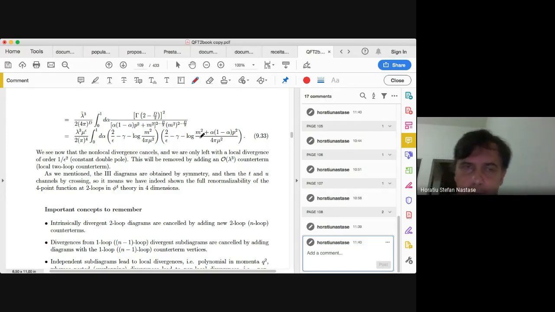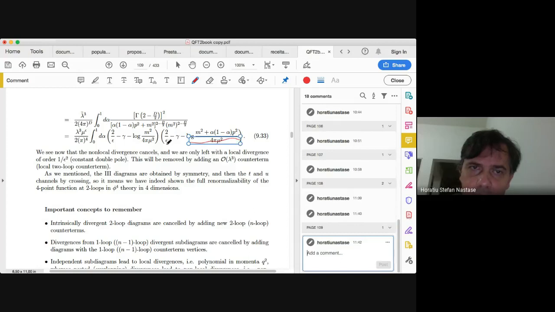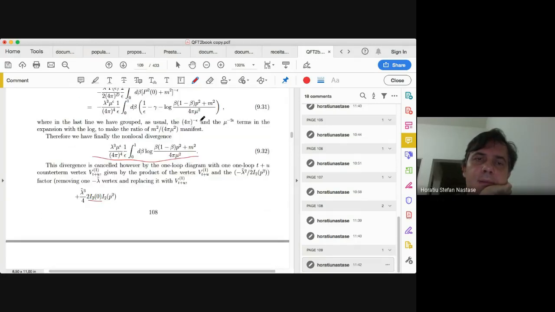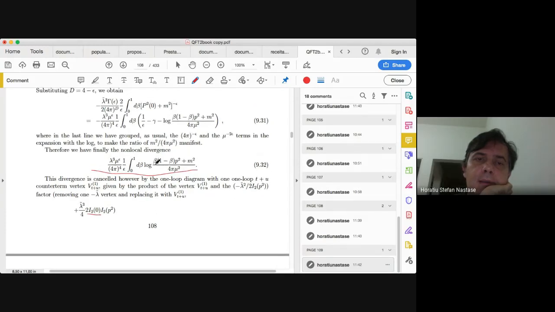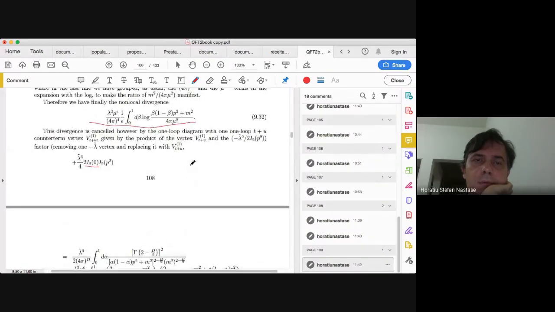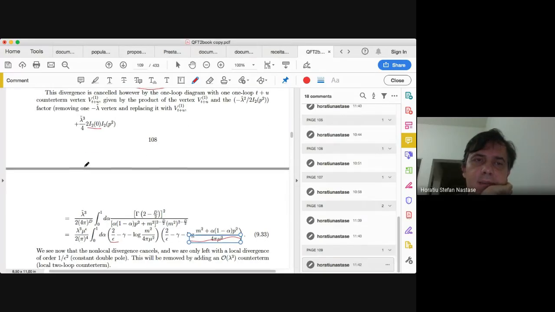So we see that the non-local divergence, which is this times this, cancels, right? So this is 2 over epsilon minus log of this thing, and this is 1 over epsilon log of the same. And there was a factor of 2 somewhere. Oh yeah, there's this factor of 2 missing, I guess.